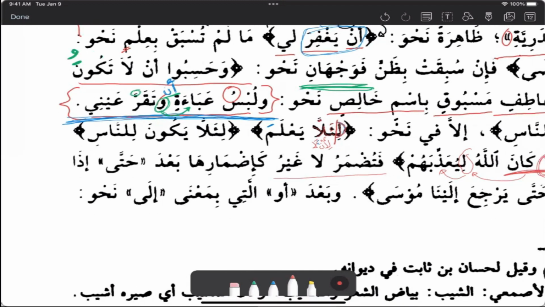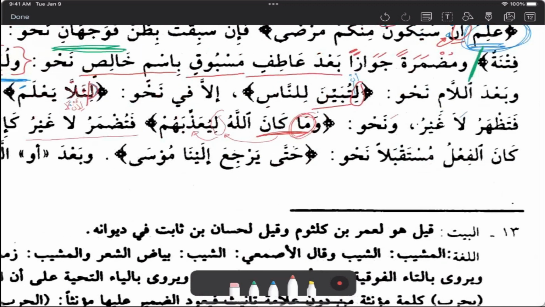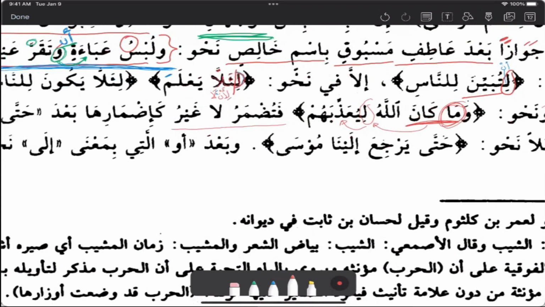كَإِضْمَارِهَا بَعْدَ حَتَّى. Just like hiding n after حَتَّى, if the verb were for the future, naHw, حَتَّى يَرْجِعَ إِلَيْنَا مُوسَى. I gave you that example.